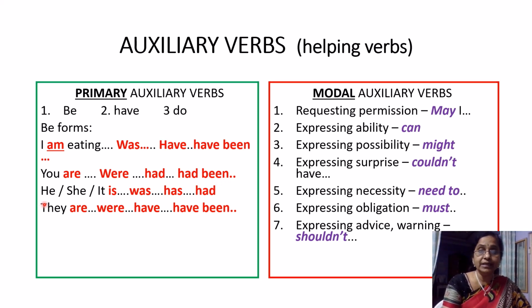And the third person, he, she, it: the be form is is in the present tense, was in the past tense, and has in the present perfect, like he has eaten, she has eaten. And in the past perfect, it becomes she had eaten. And plural: they are eating, they were eating in the past tense, they have eaten in the present perfect, they have been eating in the present perfect continuous.